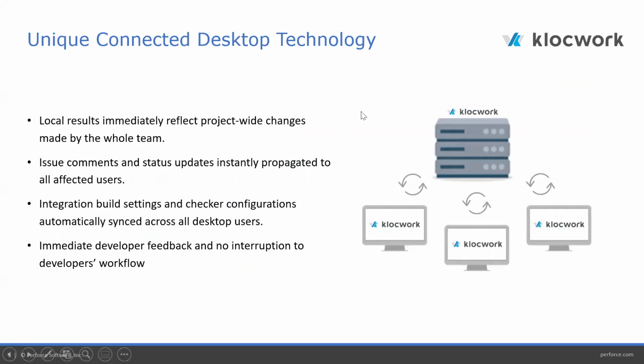Okay. This is what we call the unique connected mode technology. That's what Clockwork supports. It's a pretty well-known feature in Clockwork. So, local results immediately reflect project-wide changes made by the whole team on their desktop. So this is different from the Clockwork dashboard.